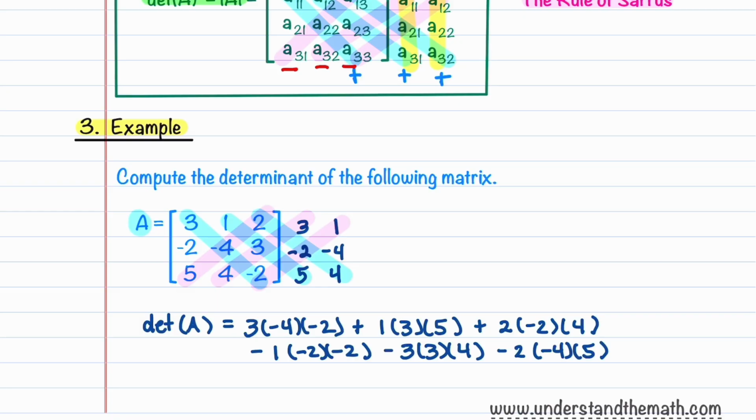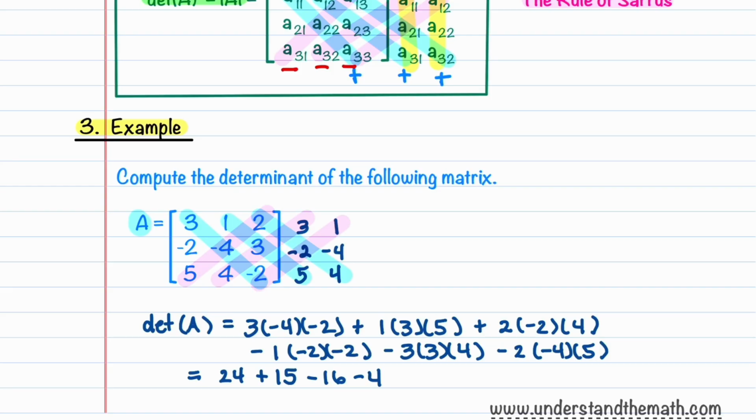Now we just have to do a lot of multiplication. 3 times minus 4 is minus 12, times minus 2 is 24. And then we have a 3 times 5, so that's plus 15. And then 2 times minus 2 is minus 4, times 4 is minus 16. And then we have minus 1 times minus 2 is 2, times minus 2 is a minus 4.